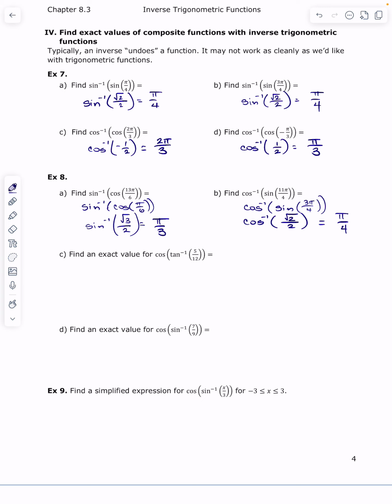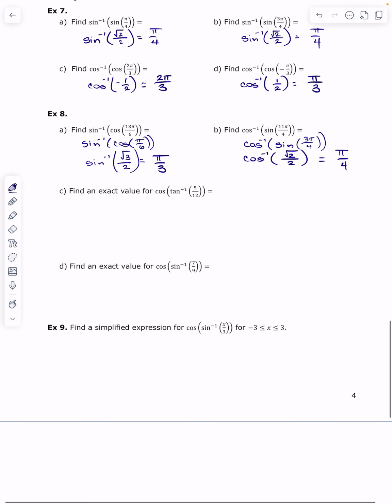C is a little different. It wants the exact value for the cosine of the inverse tangent of 5 over 12. Now the problem is I don't know what the inverse tangent of 5 over 12 is. Those are both listed as positive. Could be quadrant 1, could be quadrant 3.